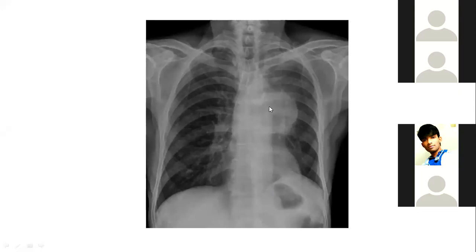So that means this particular lesion is in the same plane as the descending thoracic aorta, and in one of the mediastinal classifications this comes in the middle mediastinum, or the posterior mediastinum in a few others. So based on this we can say this lesion is in the same plane as the descending thoracic aorta.